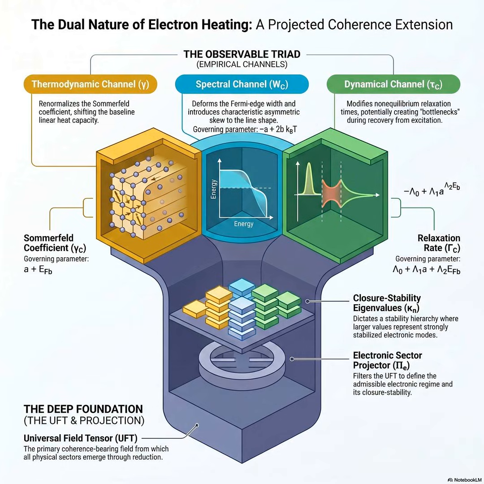If B is non-zero, the Fermi edge doesn't just get uniformly wider or uniformly narrower as you heat it. Because of how the linear slope interacts with the exponential thermal distribution, the Fermi edge develops a characteristic asymmetric skew. A skew. So the curve isn't a perfect symmetrical blur anymore. It bulges or leans heavily to one side of the Fermi energy.